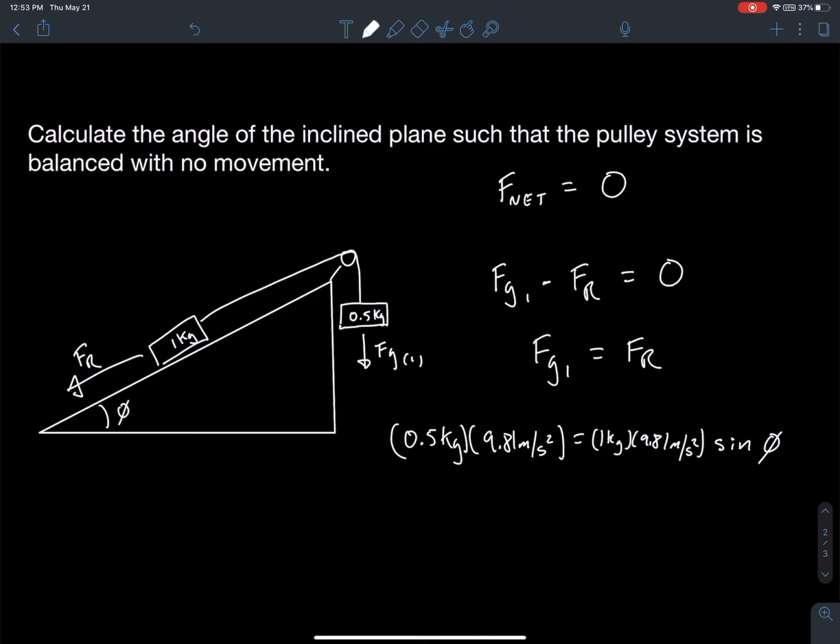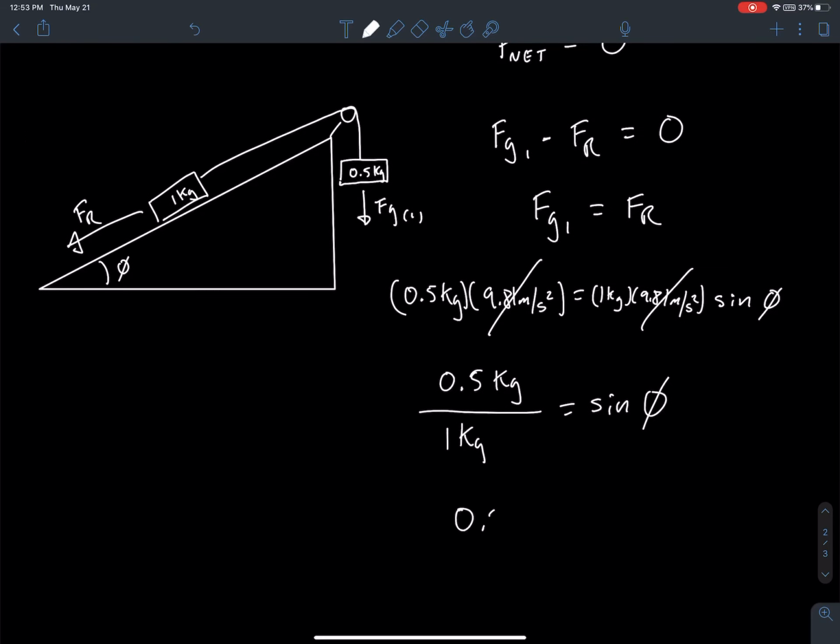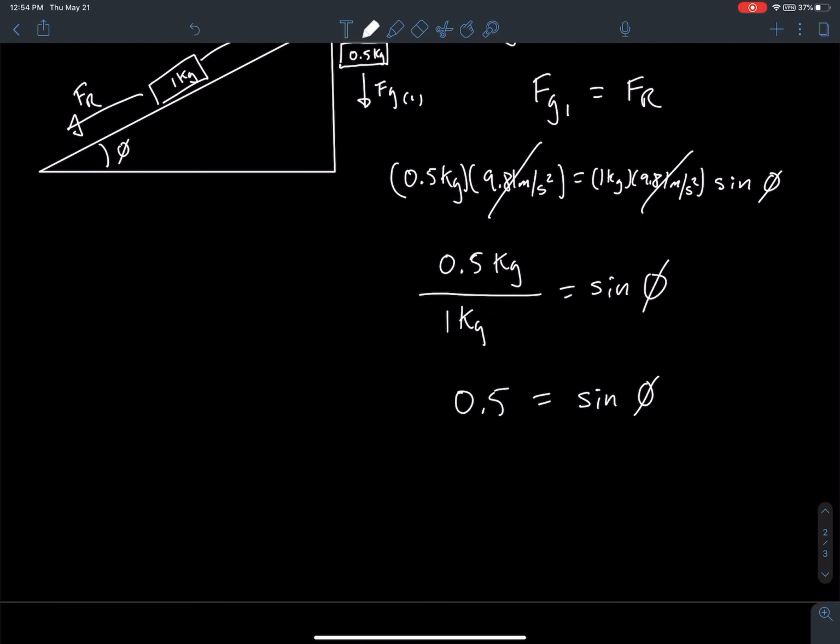And now what I can see is that my acceleration of gravity is going to cancel out. It's on both sides. So 0.5 kilograms divided by 1 kilogram is equal to sine theta. So 0.5 is equal to sine theta. And if I do that, I will see that my angle is going to be equal to 30 degrees.